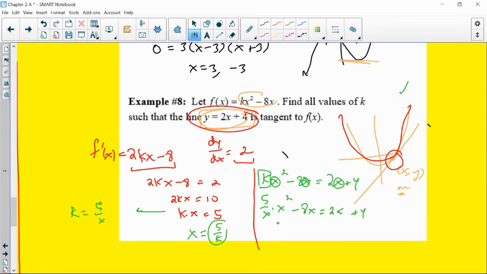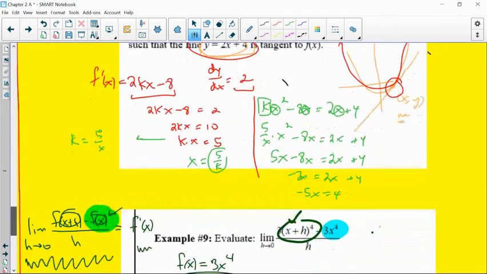And then that actually becomes 5x minus 8x equals 2x plus 4. So 5x minus 8x is negative 3x equals 2x plus 4. Subtract 2x, so negative 5x is equal to 4, so x is equal to negative 4/5.